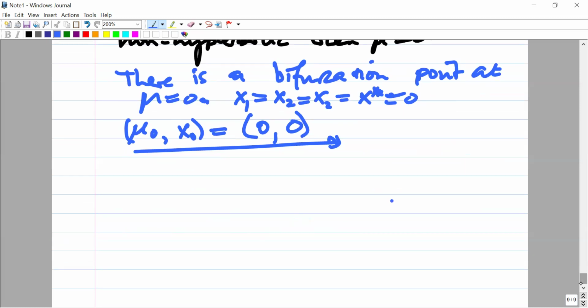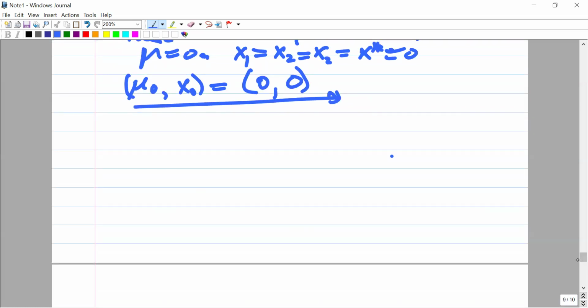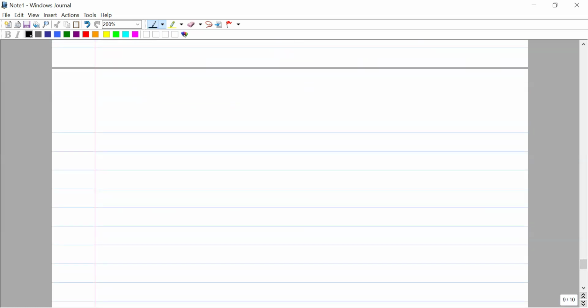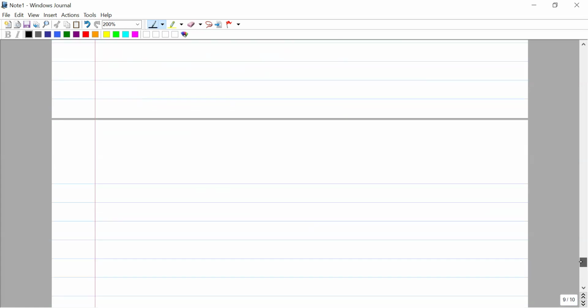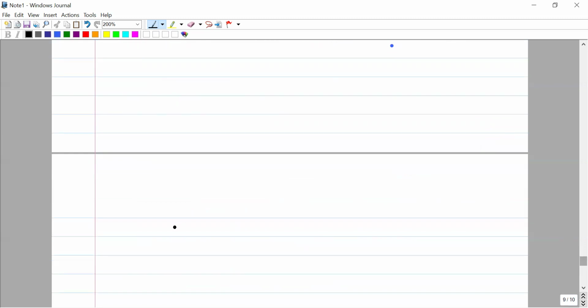So now we have to draw the bifurcation diagram. And how do we draw the bifurcation diagram? We have to plot x equal to 0, when mu is an element of minus infinity to infinity.